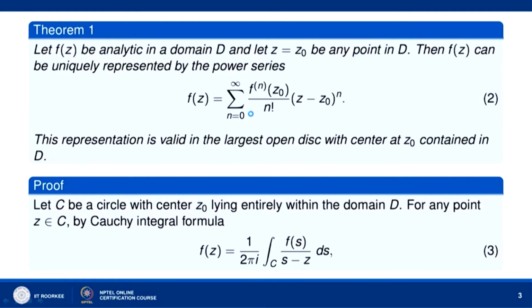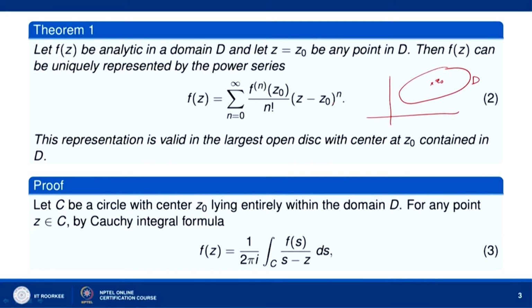This is called Taylor's theorem. Let f(z) be analytic in a domain D and let z equal to z naught be any point in D. So let us consider any domain D, and let us take a point z naught in the domain D. Then f(z) can be uniquely represented by the power series f(z) equal to the sum from n equal to 0 to infinity of f^(n)(z naught), the nth derivative of f(z) at z equal to z naught, over n factorial, into (z minus z naught) to the power n.